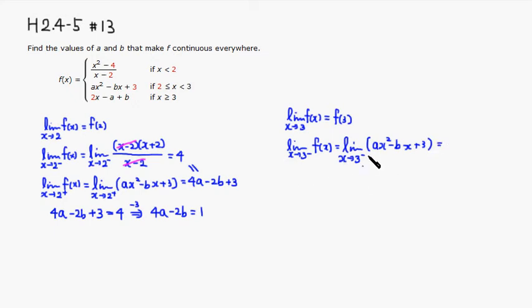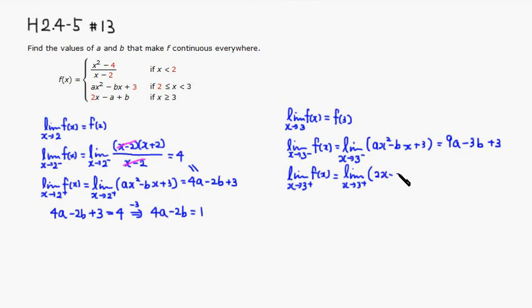Right, so plugging in 3, that's going to be 9a minus 3b plus 3. Right? And that's the left-hand limit, which has to agree with the right-hand limit. So the limit of f of x as x approaches 3 from the right. Since it's approaching from the right, we have to use this linear formula.